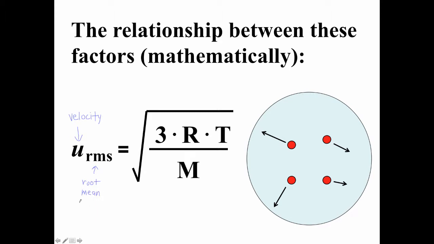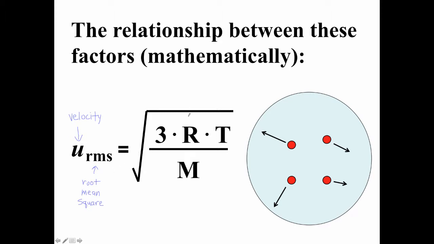It's called the RMS speed. And that is an average where the average is done by taking the root mean square average. So we square the speeds and then average them and take the square root. So it's just a slightly different way of doing an average than you may normally be used to.